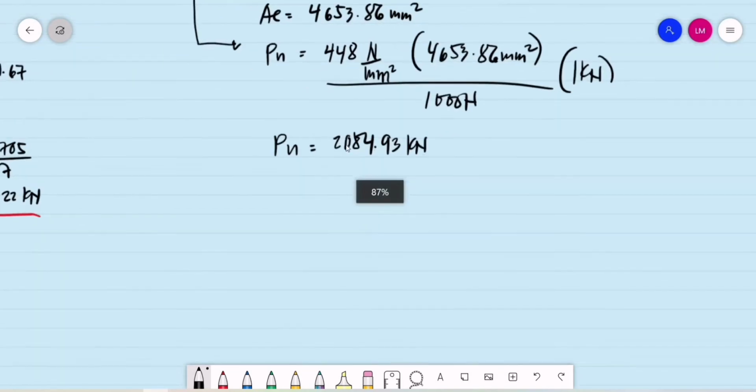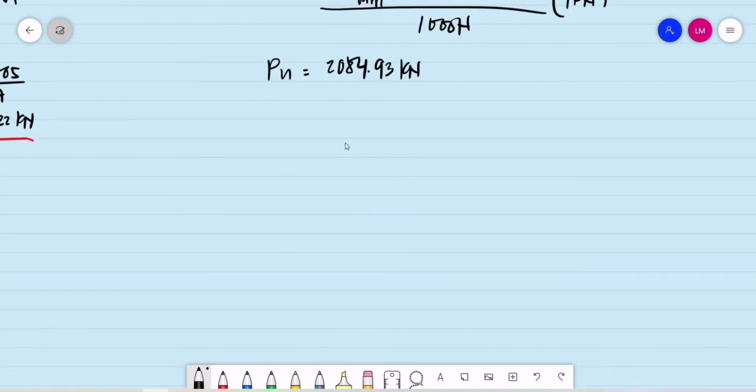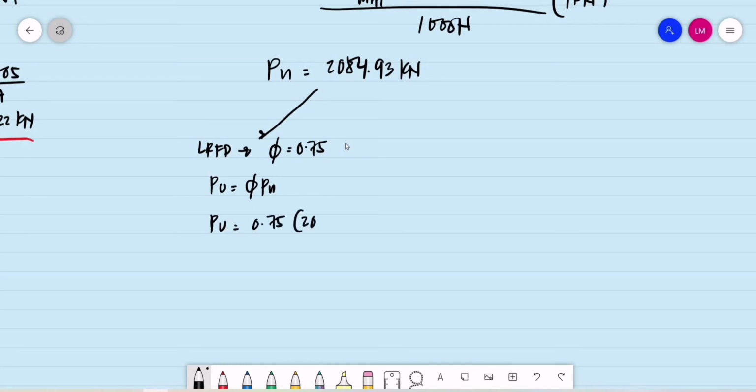Okay, then we are to consider the design tensile strength and the allowable strength. So for the LRFD, the reduction factor for tensile rupture strength is 0.75. We have P sub U is equal to phi multiplied by P sub N. So our P sub U is equal to 0.75 multiplied by 2,084.93.